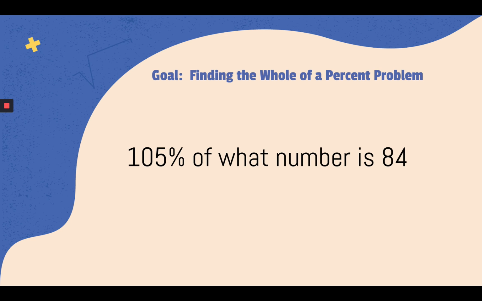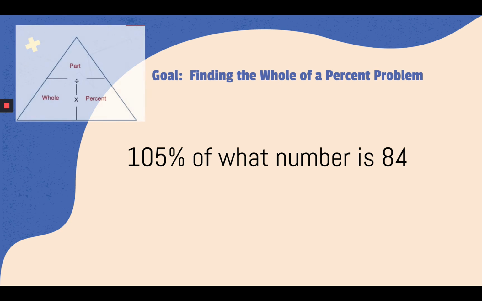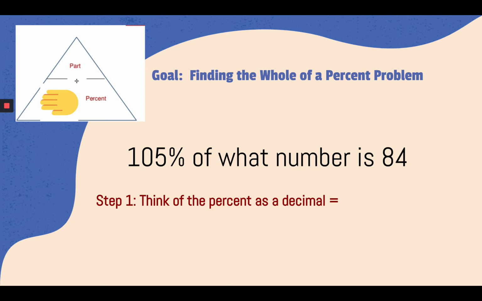Okay, here's a third example. 105% of what number is 84? So in all of these, you're looking for the whole amount. And just pay special attention when you have a percent over 100 or less than 1. In this case, it's over 100. So 105% would be 1.05 as a decimal.